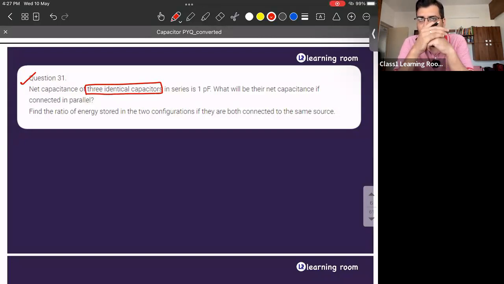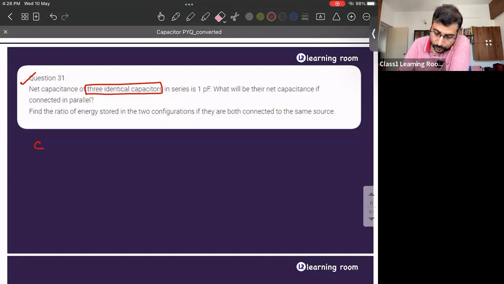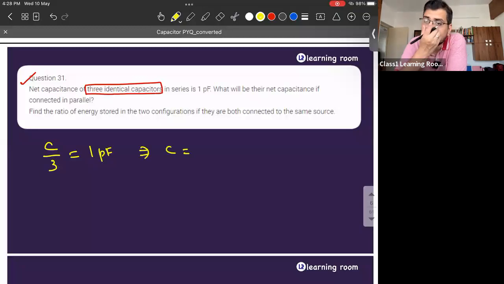So what is it that you need to do first of all? You need to calculate the individual capacitance. First find that. So what is the individual capacitance?